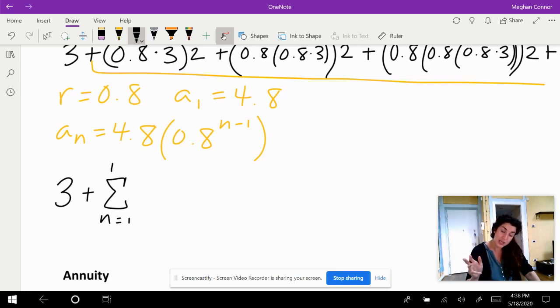the 9th bounce, because if 3 is... it says after, let me double check. It says after the 10th time it bounces. So 2.4 is the height after the first bounce, and then the subsequent bounces, the heights.